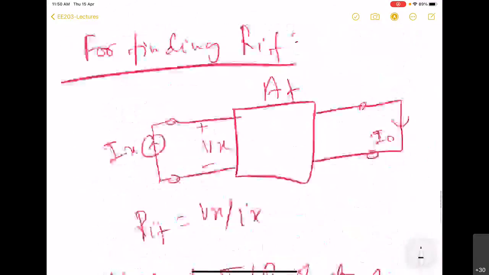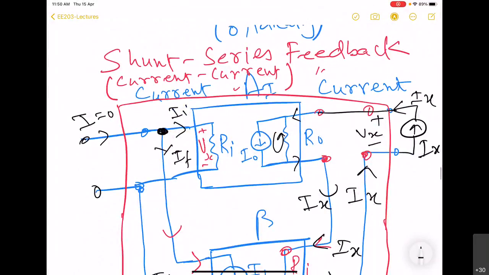So here we apply KCL at this point. So what we have is Ix current and current through IO or RO. So this Ix gets split into this IO and the current through this RO.